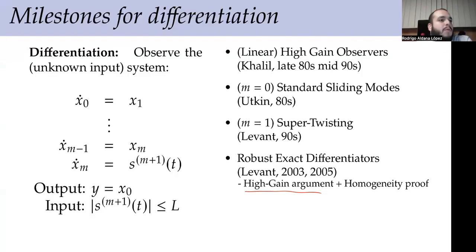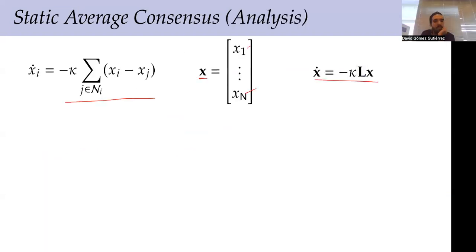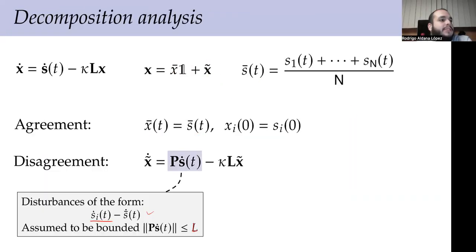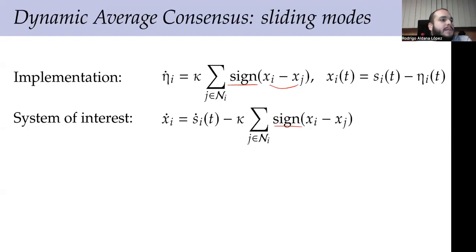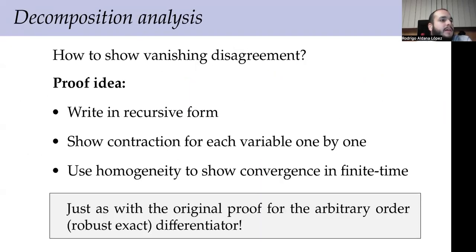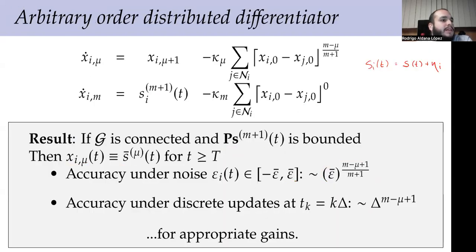Yeah. So one way in which you can quantify chattering is this very standard argument. You know that the accuracy, when you have discrete updates in the communication, you can show that it is of this form, right?